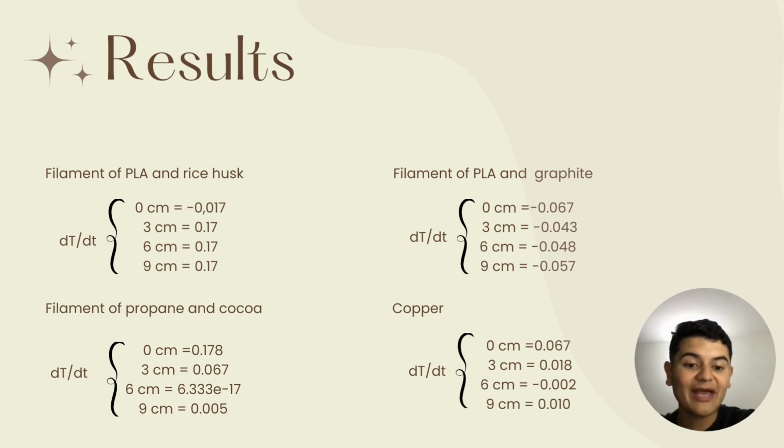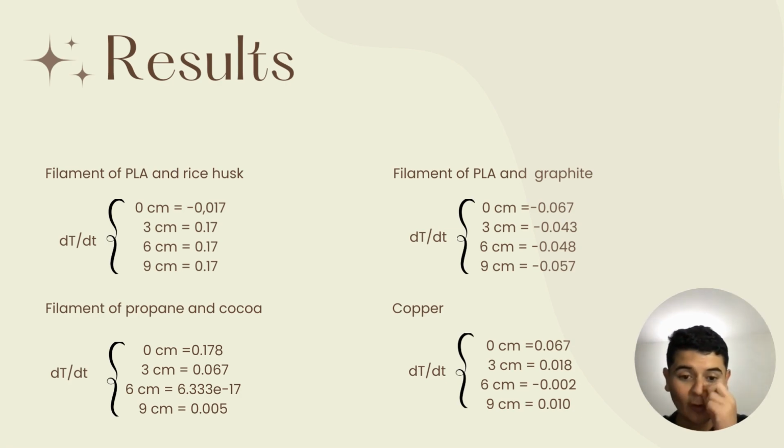In each part of the filament where we take the temperature, we want to estimate the conductivity using the conductivity formula, and we are going to prove that the filaments are anisotropic by using these four derivatives.